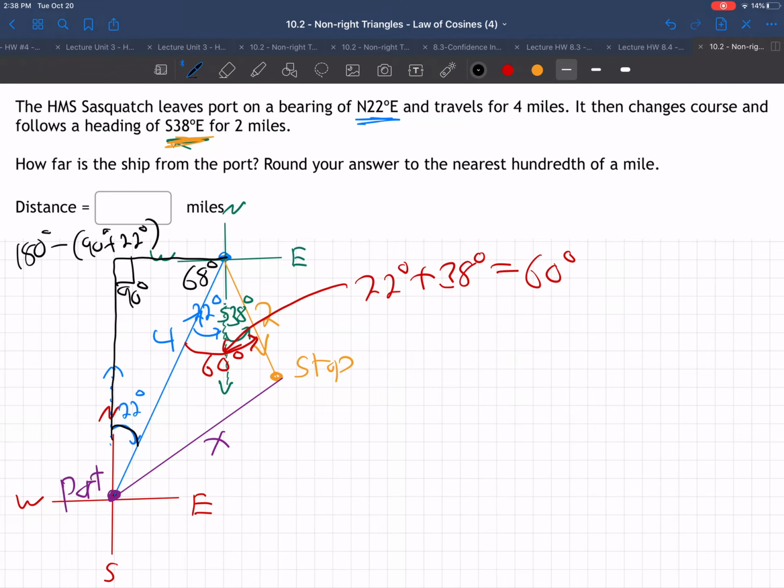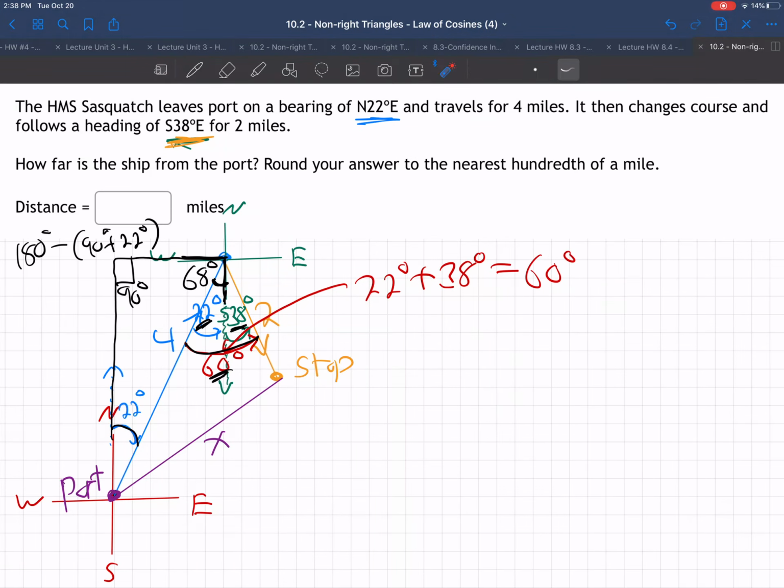And then you can find this part, because together they've got to make 90 because they are west and south. So indeed, it's got to be 22. That's the other way you could do it instead of the Z angle thing. 22 and 38 make 60. So now I've got this entire angle here is 60 degrees.